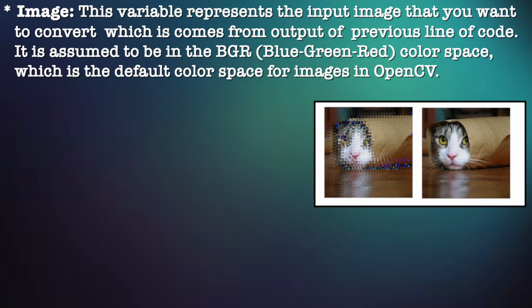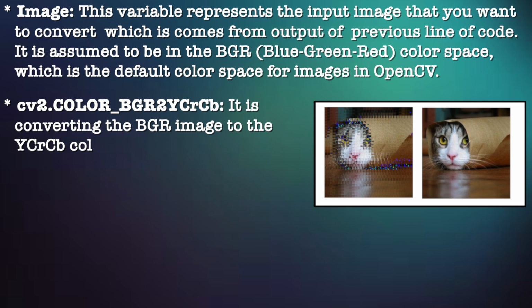The second parameter of this method is cv2.COLOR_BGR2YCrCb. It converts the BGR image to the YCrCb color space. By converting the image from BGR to YCrCb, we are separating the image into these three components.